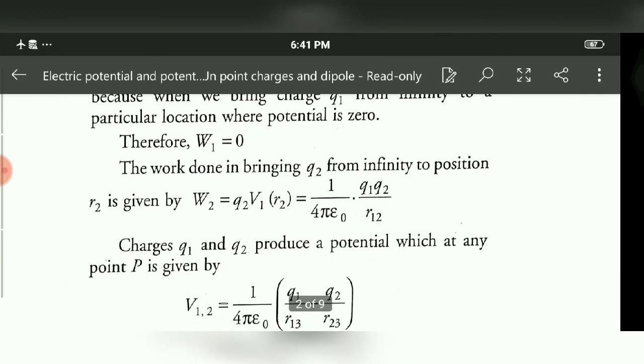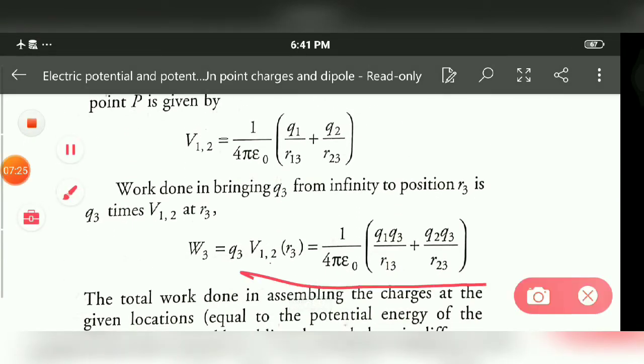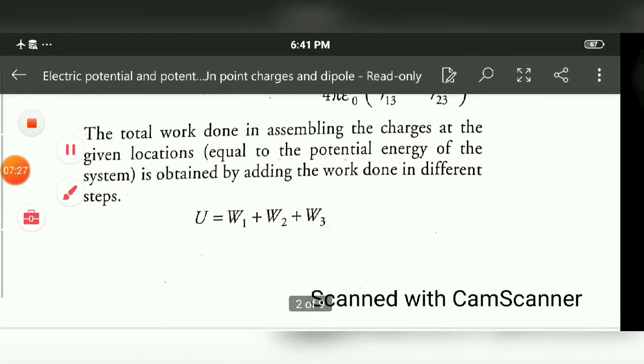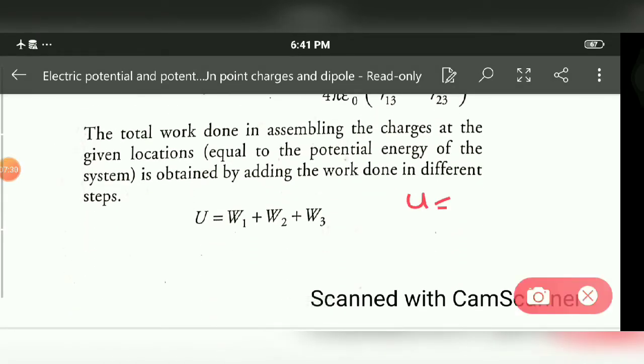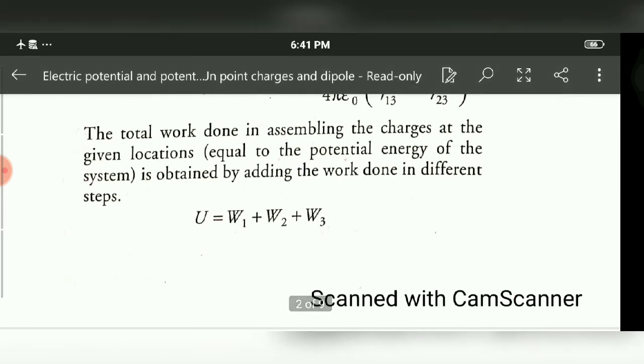Now the total amount of work done, or total energy stored, U, is U1 plus U2 plus U3, or W1 plus W2 plus W3, because we know work done and energy are the same.